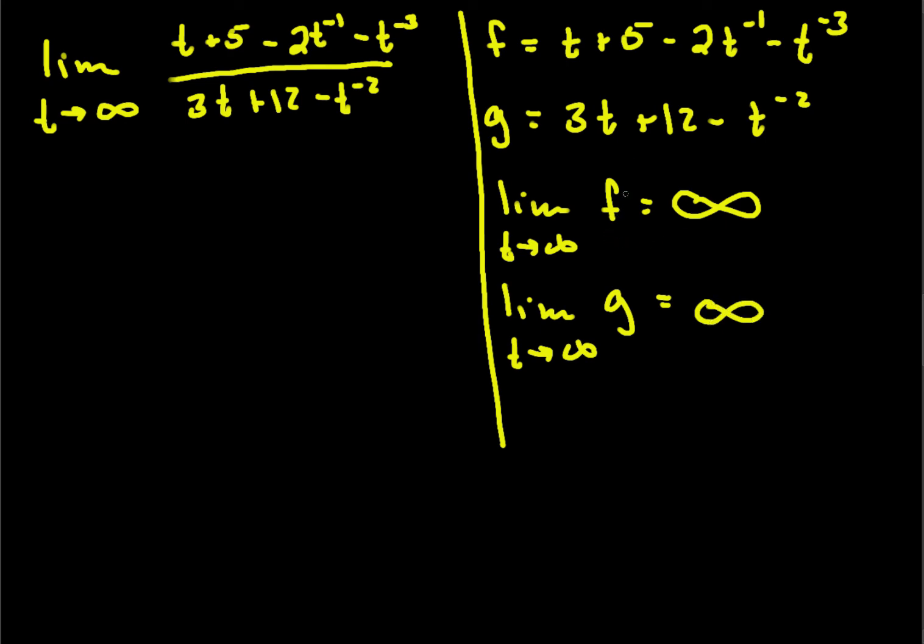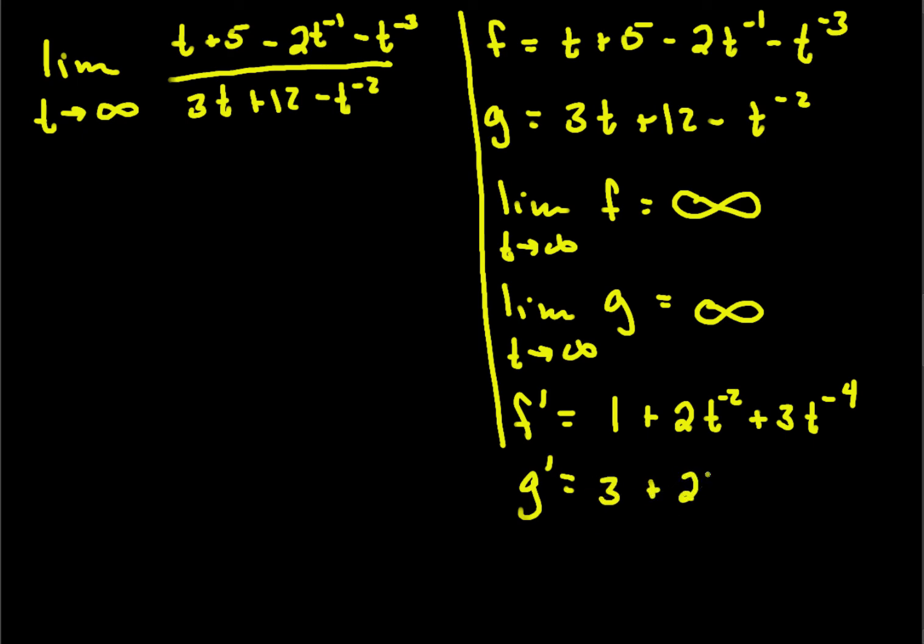So they're both going to infinity, and so L'Hopital's rule says I just have to look at the ratio of their derivatives. So f prime is 1 plus 2t to the negative 2 plus 3t to the minus 4. And g prime is equal to 3 plus 2t to the minus 3.